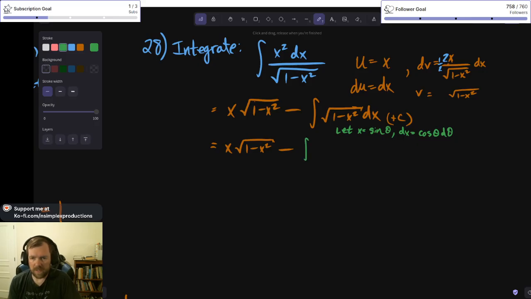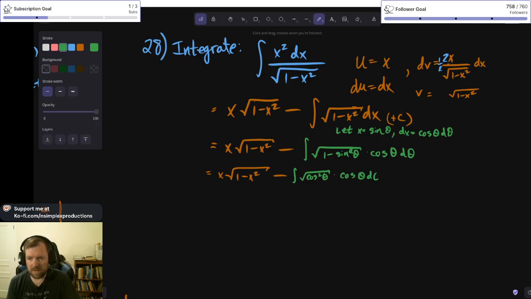And so this is going to be x root 1 minus x squared minus the integral of the square root of 1 minus sine squared theta times cosine theta d theta. Here we've got the square root of cosine squared theta times cosine theta d theta.